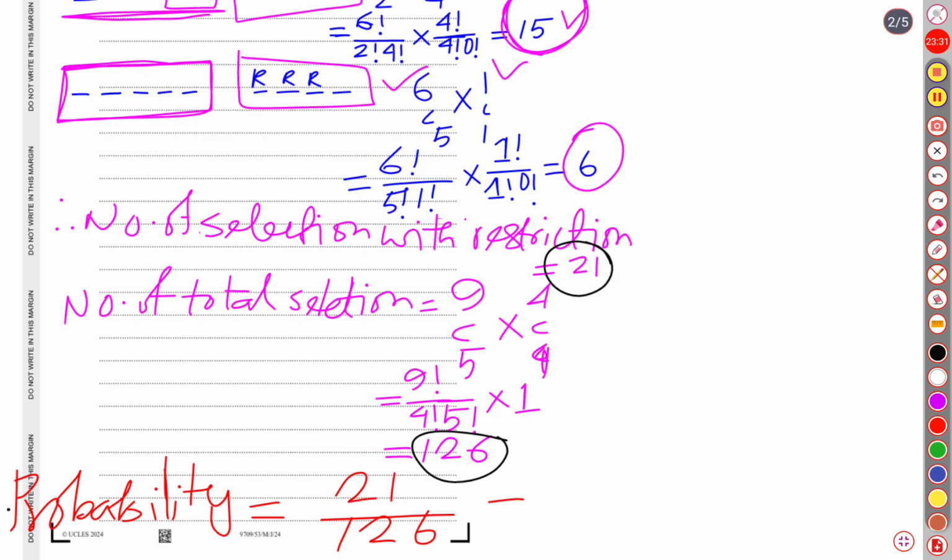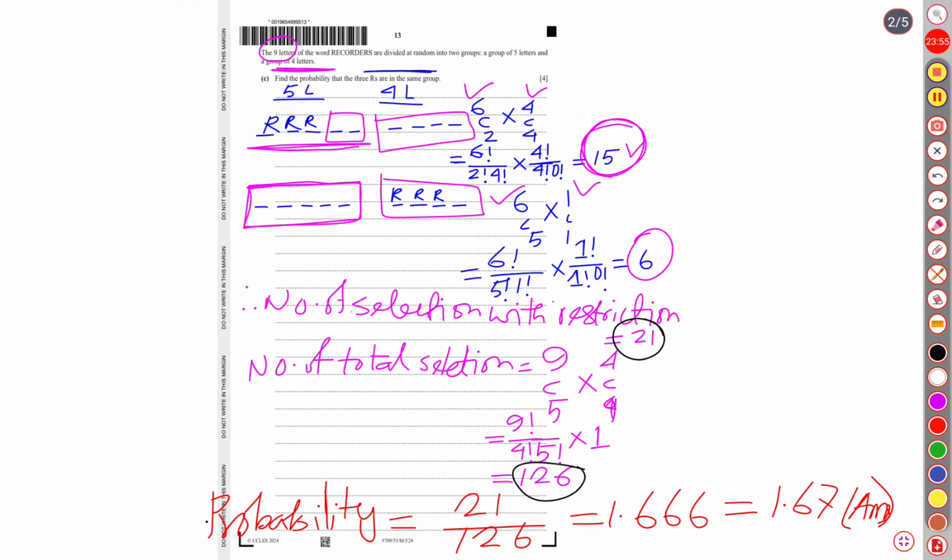So our probability is going to be 1/6, which is 0.1666. If we round it to three significant figures, it is going to be 0.167, because please don't forget that they have told us to find the probability of this selection, not the selections finally. So that's all about the whole solution to question number 6.